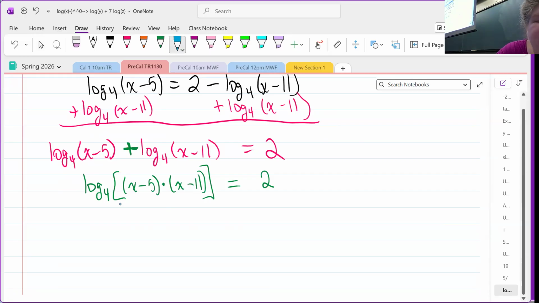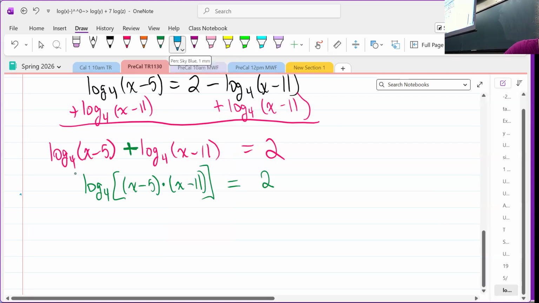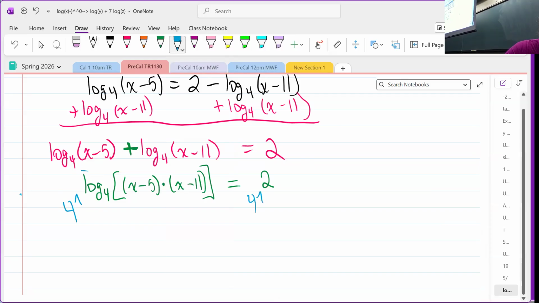All right, so now that it's a single logarithm expression equal to a number, now I can cancel out that single logarithm. So how do I undo log base 4? Yep, the base 4 exponential. So 4 to the power on both sides of the equation.